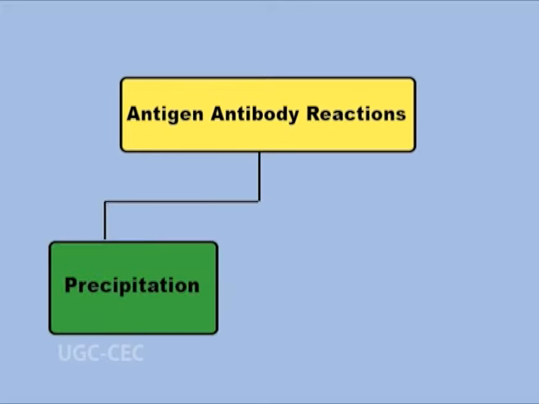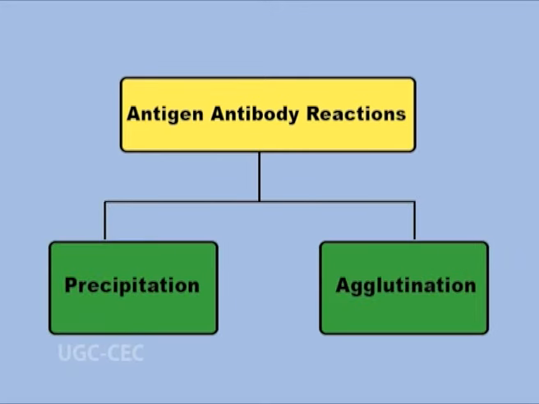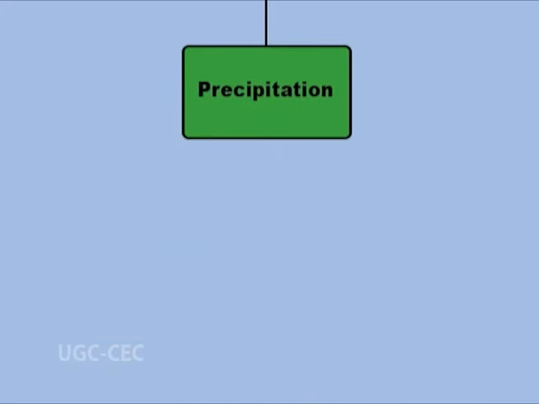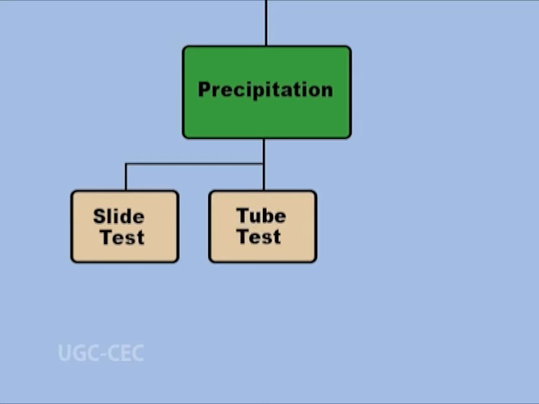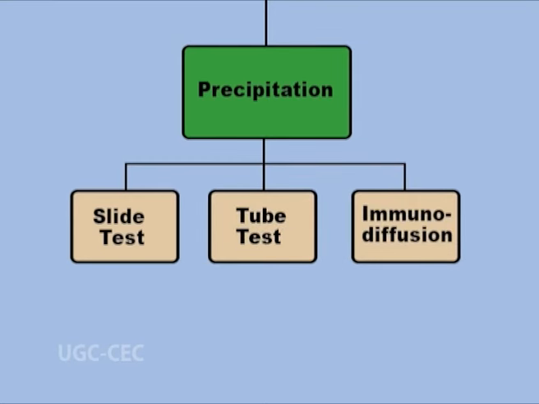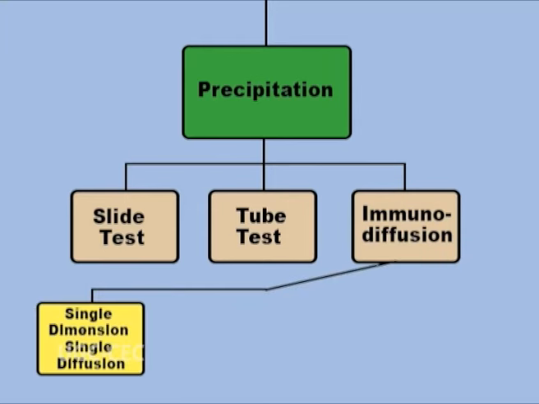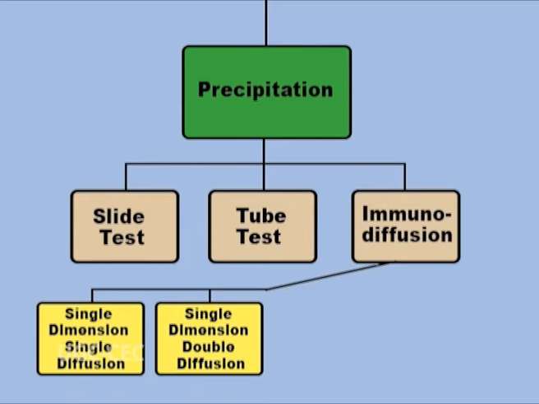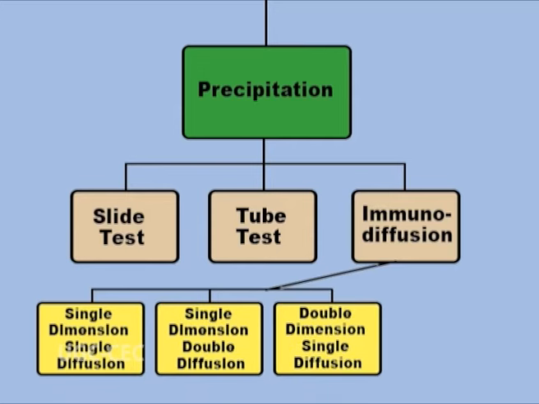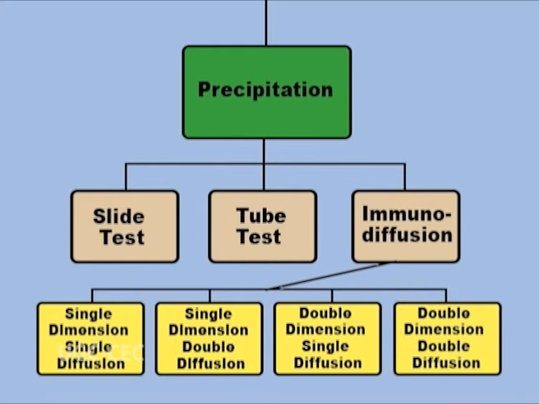Both precipitation and agglutination reactions can be used for diagnosis by following methods. Precipitation reactions: slide test, tube test and immunodiffusion. Immunodiffusion is further categorized into single dimension single diffusion, single dimension double diffusion, double dimension single diffusion and double dimension double diffusion.